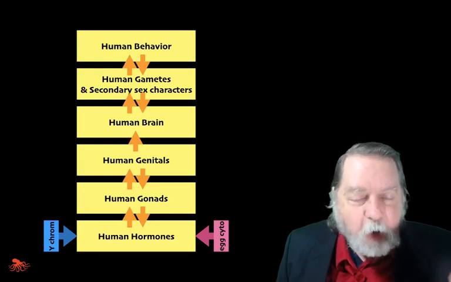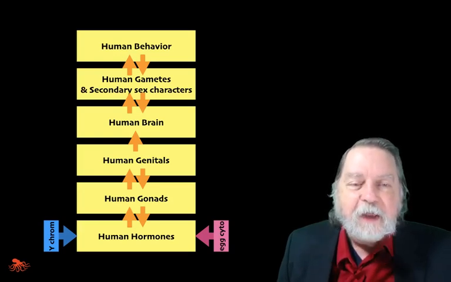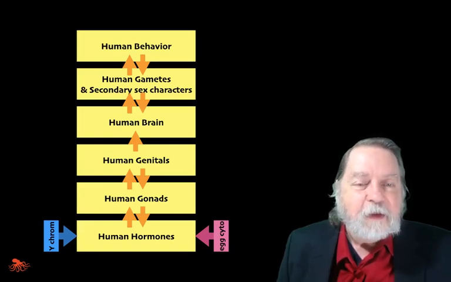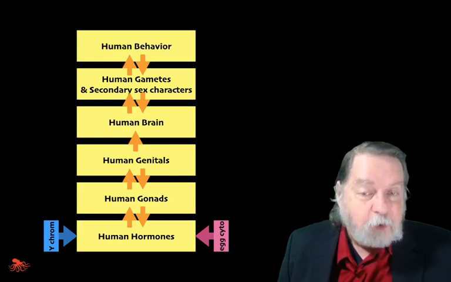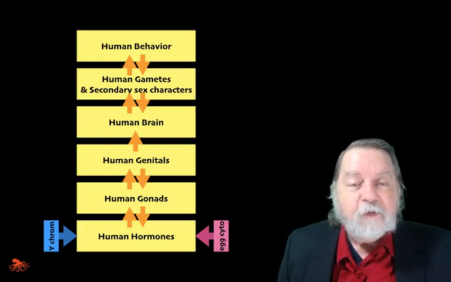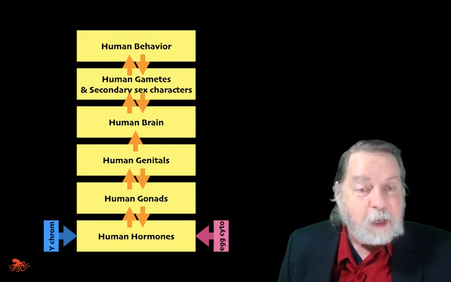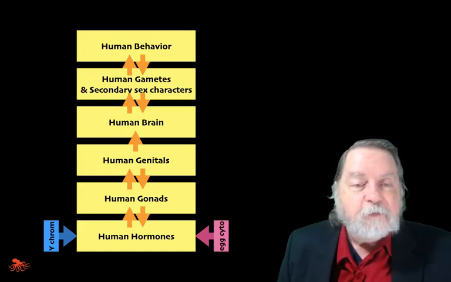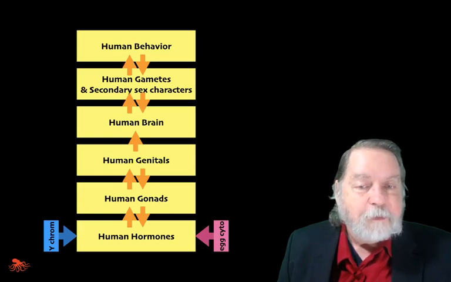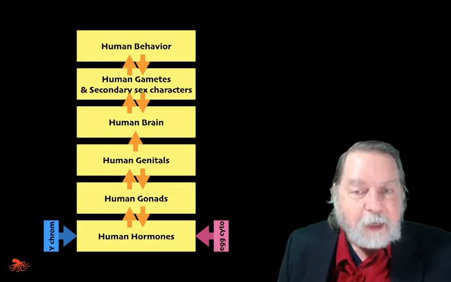I want to emphasize, though, that that's not the only possible outcome, that there's all kinds of different interactions that can occur in this process. For instance, you can have a Y chromosome that biases an individual to become male, and they then develop male gonads, male genitals.